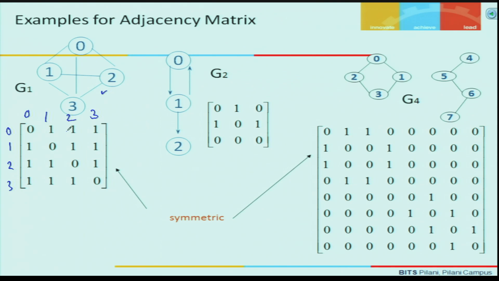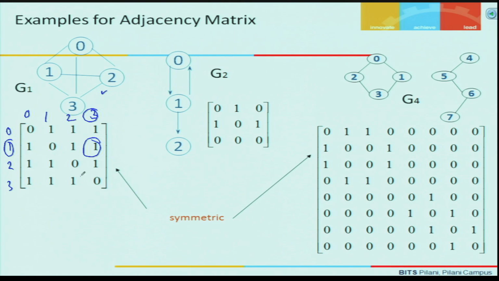If I look at any ijth entry, so if I am looking at this, this indicates whether V1 and V3 are connected or not, and they are connected. So, 1 indicates V1 and V3, or node 1 is connected to node 3 by an edge.